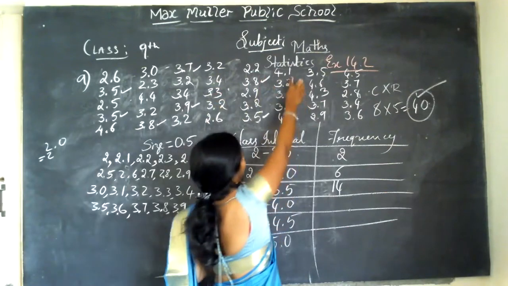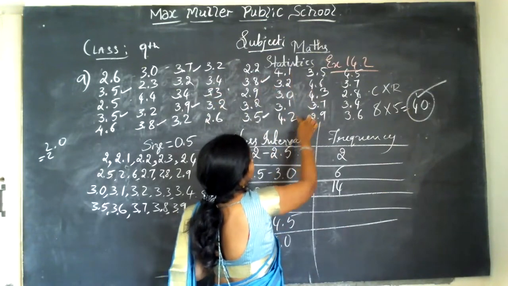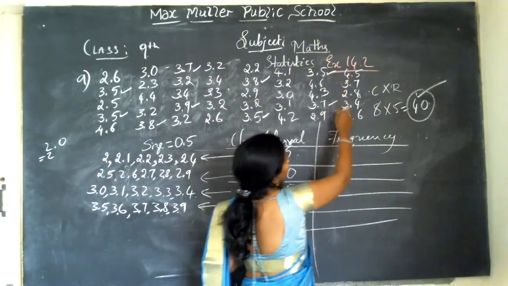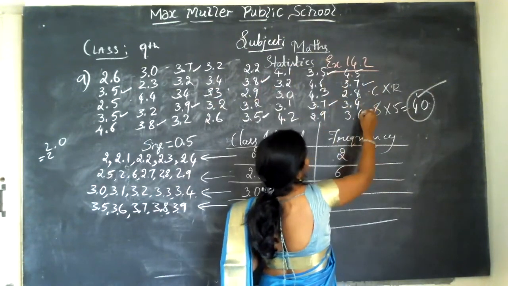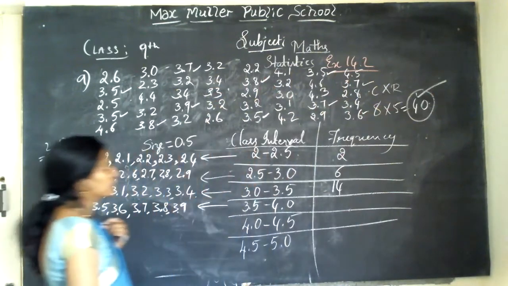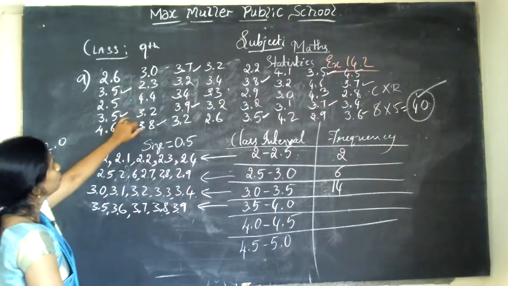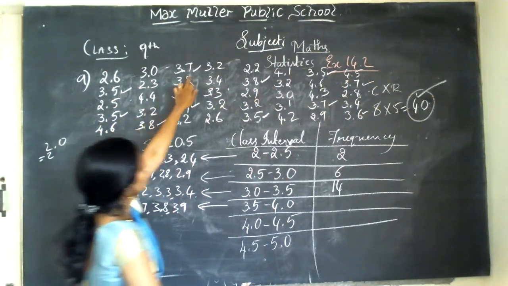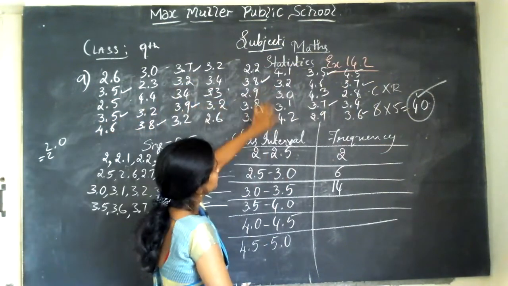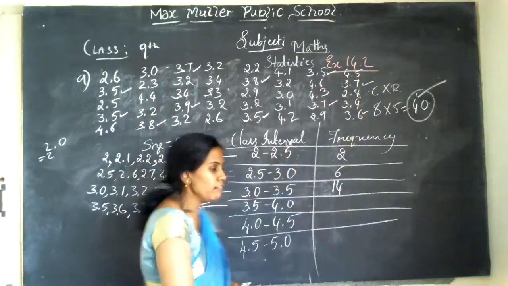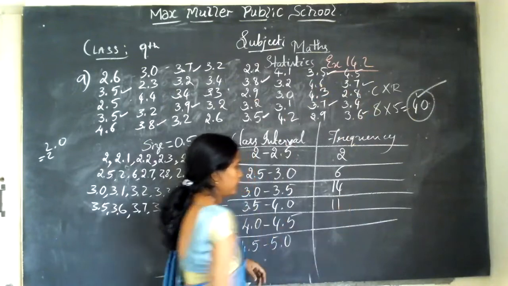In the next column, 3.5 you can take. 3.7 you can take. 3.7 you can take. 3.6 you can take. So count it now: 1, 2, 3, 4, 5, 6, 7, 8, 9, 10, 11. So you have 11, isn't it?